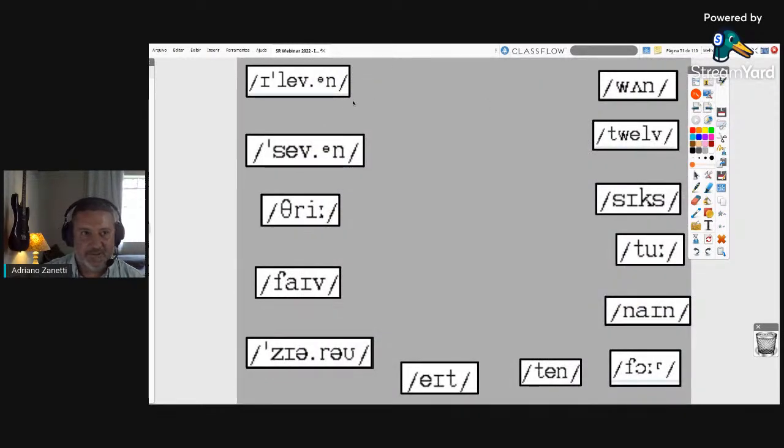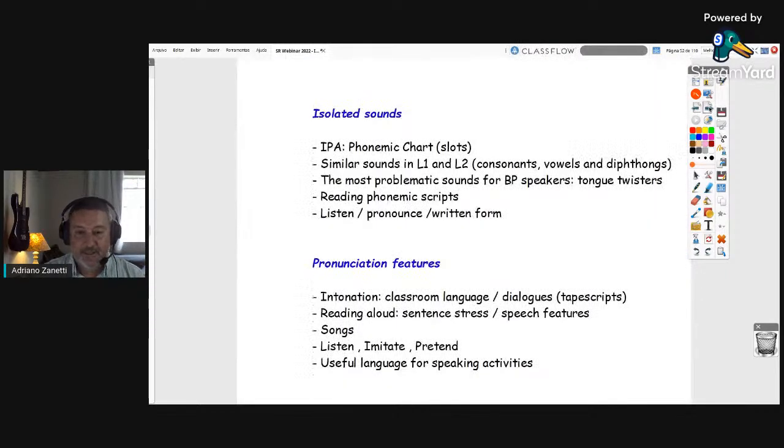Using phonemic scripts, teaching numbers. And here is a ranking of a list of things that you can use in slots in the classroom, from isolated sounds to pronunciation features.